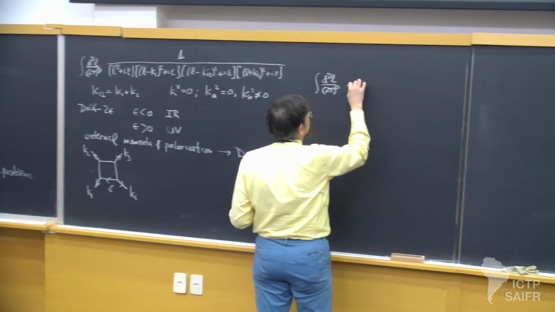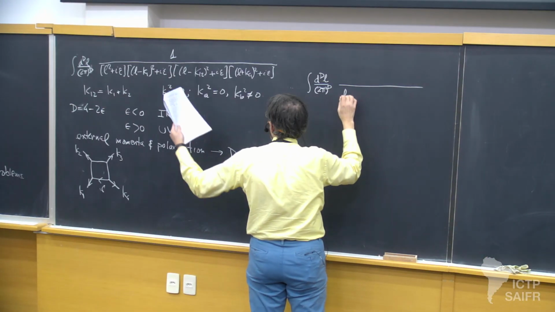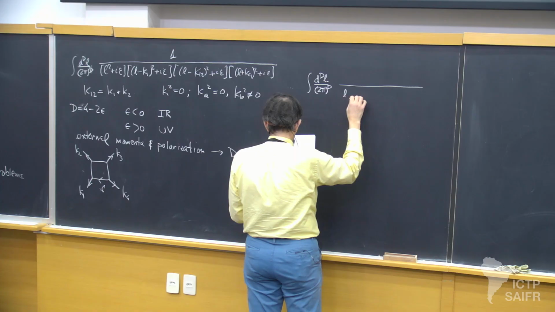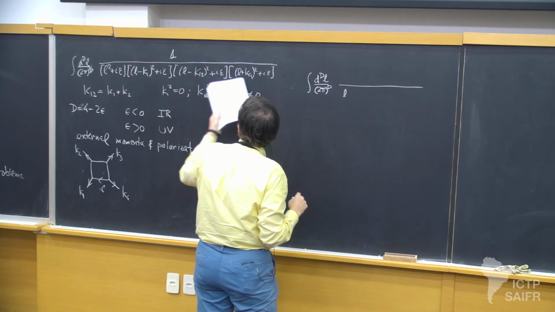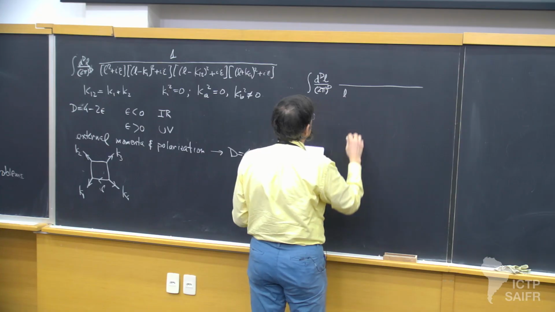So now we're going to have the same type of denominators here, except we're going to have n propagators instead of just 4.